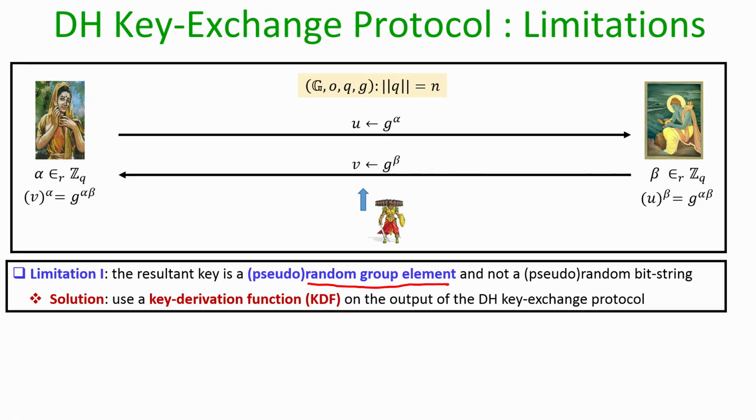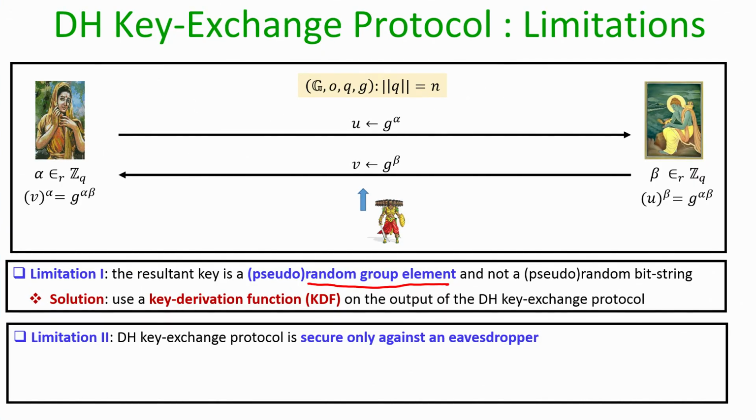Assuming that the resultant pseudo random group element which sender and receiver output at the end of the Diffie-Hellman key exchange protocol has sufficiently large min entropy, then by applying the key derivation function on that pseudo random common output, both sender and receiver can locally obtain a pseudo random bit string, which they can now use as a key for any symmetric key cryptographic primitive. We will encounter this idea again and again later on when we discuss the notion of public key cryptosystem and hybrid cryptosystem.